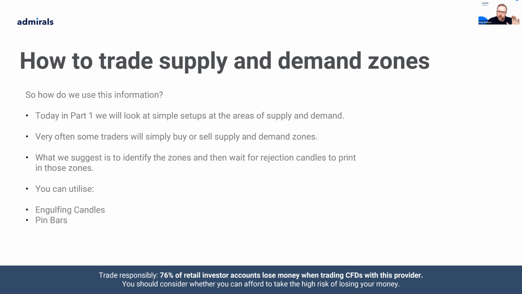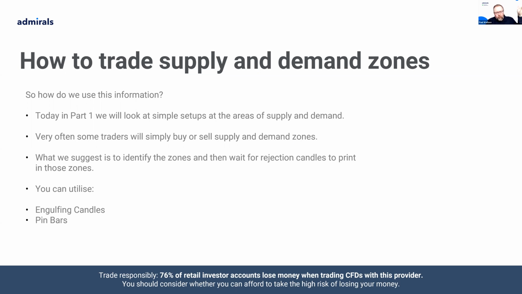But what we're going to do for part one is look at simple setups at areas of supply and demand. What you will find, and we'll have a look at the charts in a little bit, is that very often, once traders have identified those supply and demand zones, some will simply buy or sell at them.